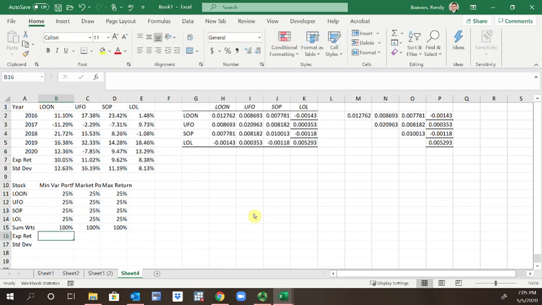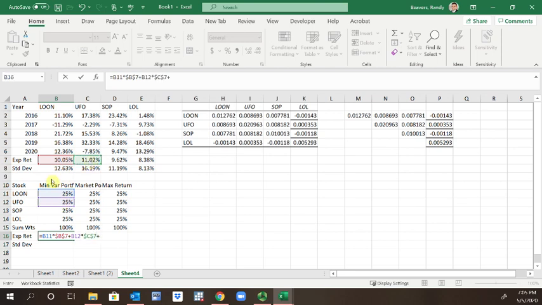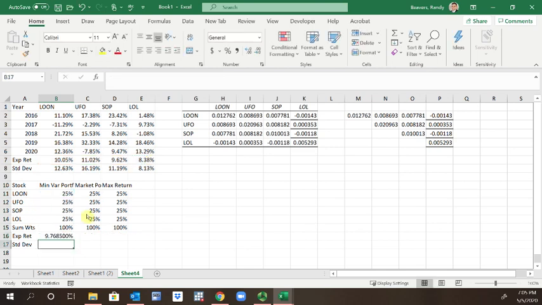So we'll need to do equal 25% of Loon multiplied by the Loon expected return anchored, plus, and do that pretty much for each of these. Okay, so that's our expected return.